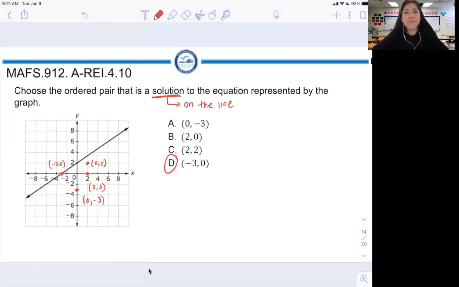Not on the line. So when you have a linear function, you have to read the problem carefully, right? This is saying choose the ordered pair that is a solution of the equation represented by the graph. So it's asking you which of these ordered pairs is on the line.